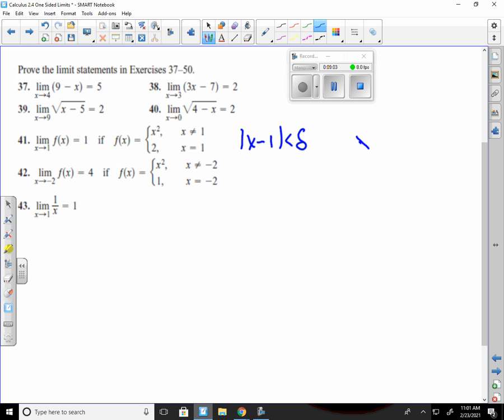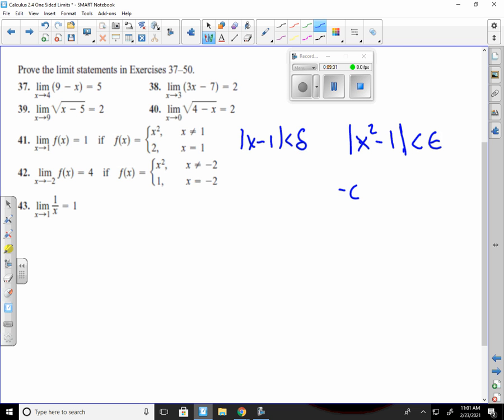Then I start with my equation. |x squared minus the limit, which is 1| has to be less than epsilon. Never put a less than or equal to sign in. Now I get rid of my absolute values, and I start solving.